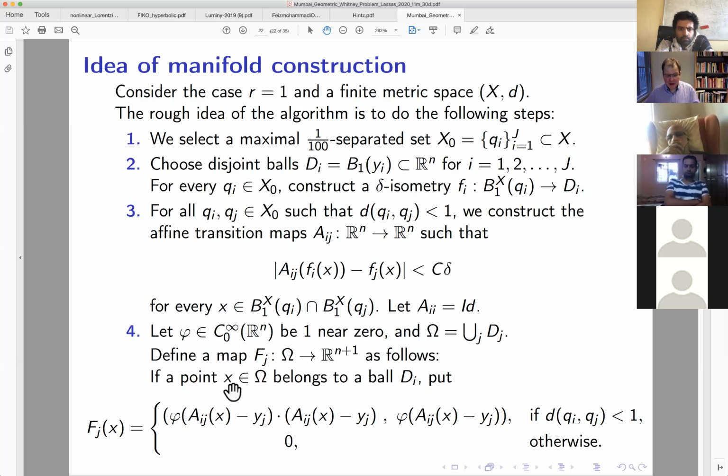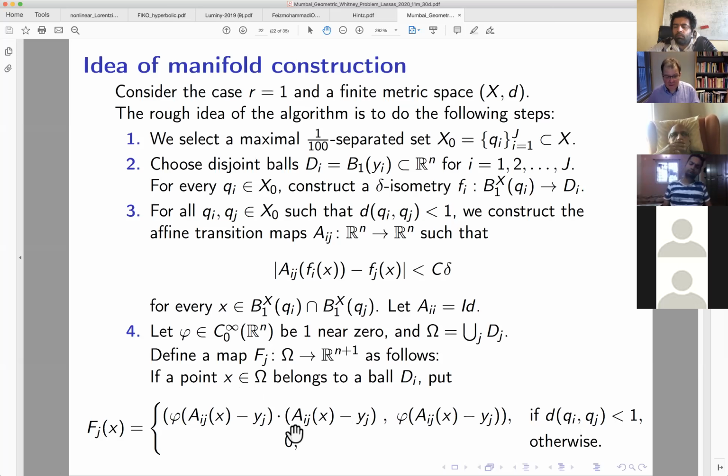For a point x in this union omega, we know that it belongs to some disk di. So we take this affine map to map it to Rn, and then we multiply it with a smooth cutoff function, which tells whether this embedding makes any sense or not. So if the point x is in di, where the index i satisfies this property so that the affine maps make sense, then this is maybe close to 1.